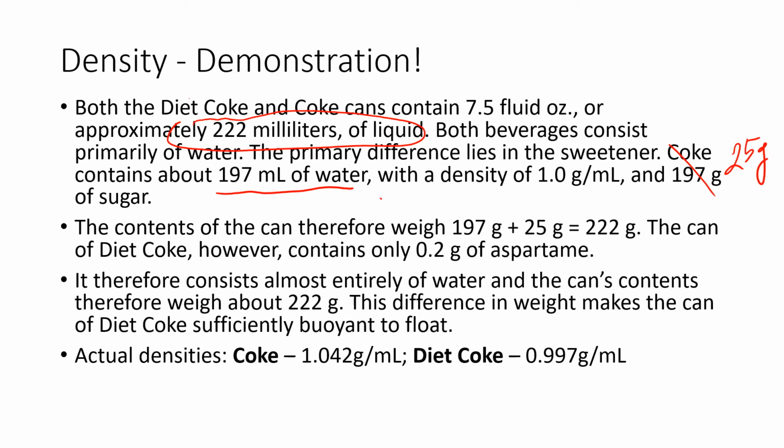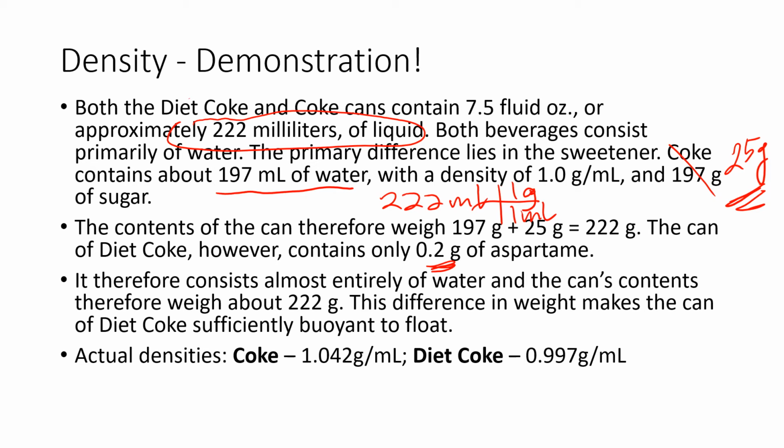What we did was convert the 222 milliliters to grams. However, the Diet Coke can had only 0.2 grams of aspartame, quite a difference from the 25 grams. The reason why the Diet Coke floated was because it has less sugar or sweetener in it. Diet Coke only has 0.2 grams while regular Coke has 25 grams.